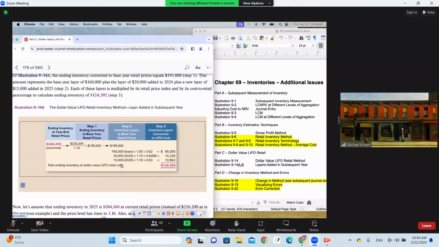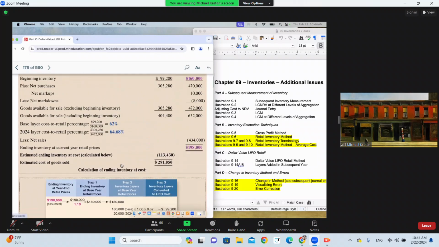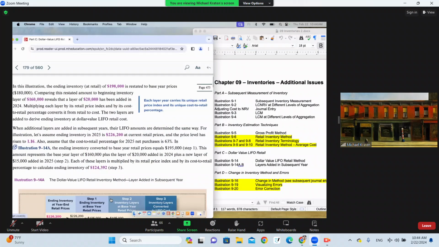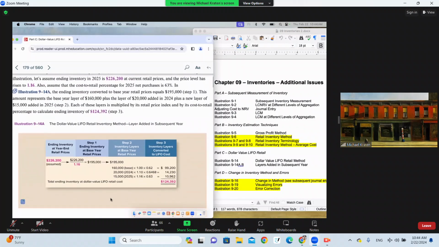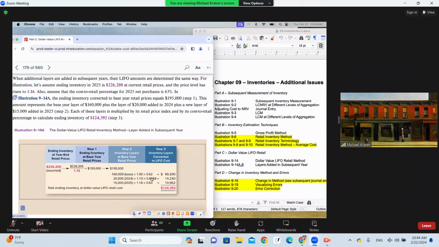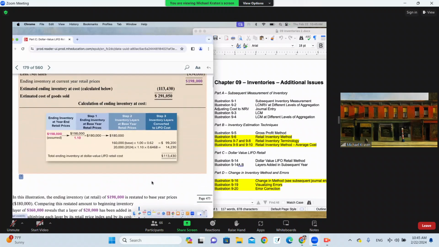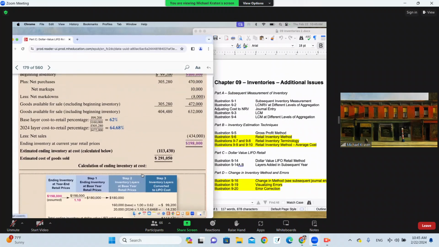Now, just to make life even more complicated, in 9-14A, you have a third layer of even newer purchases. And so in 9-14A, you would have not one, not two, but three different percentages. In this case, 63%.